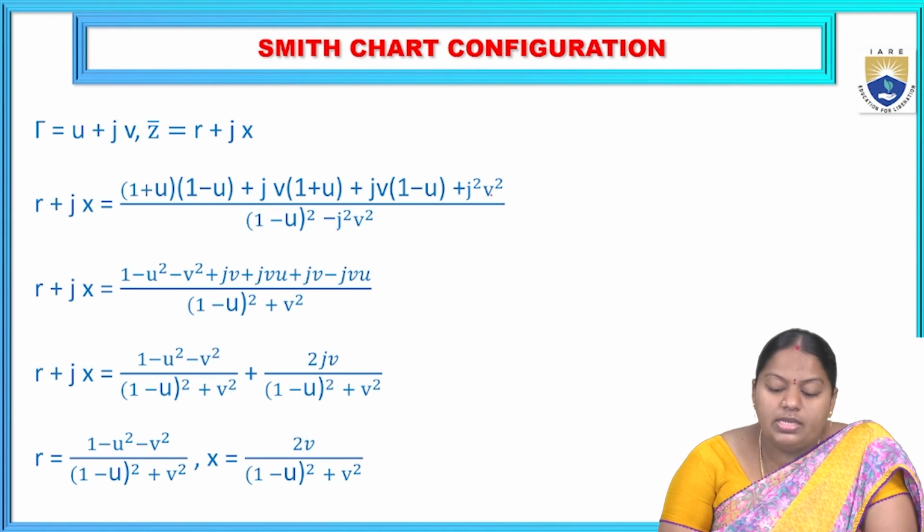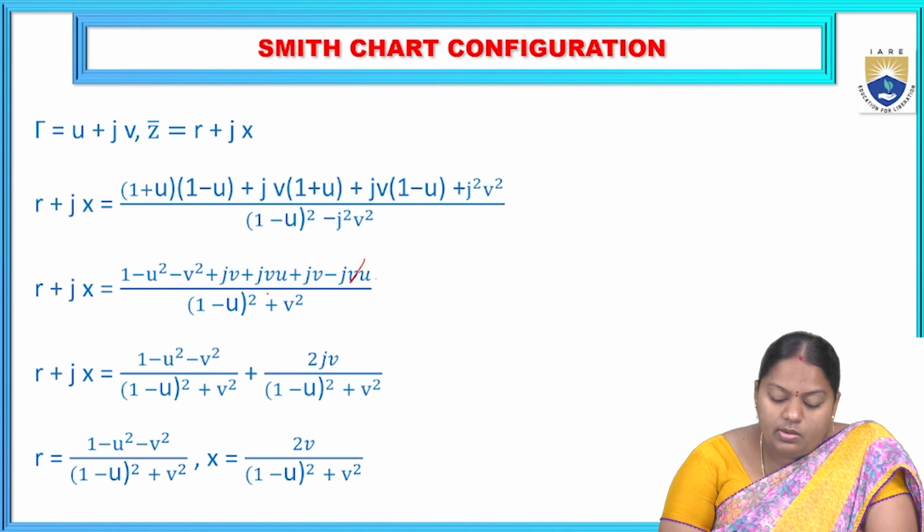The j square value is minus 1, so it becomes 1 minus u square minus v square, plus the cross terms between these two, jv plus jvu, and jv minus jvu, as like this.